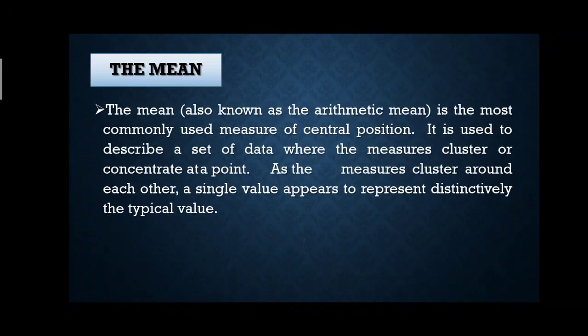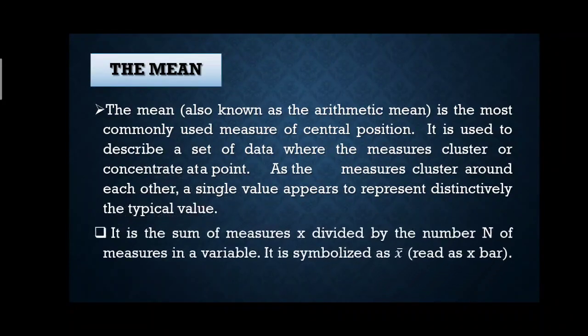So how to get the mean? It is the sum of measures of x divided by the number n of measures in a variable. It's symbolized as x bar. So that is the mean.